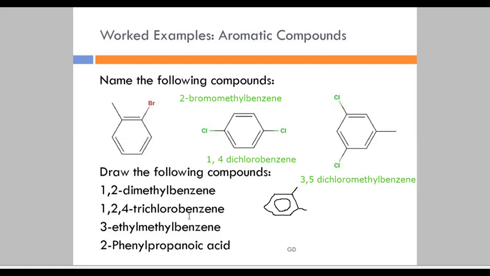Before we finish, can you help me to do this one? I'm not going to ask you to do the one on the bottom, because it's very complicated for you.